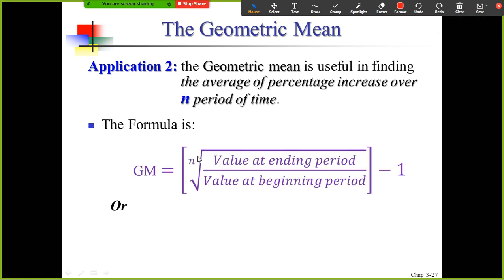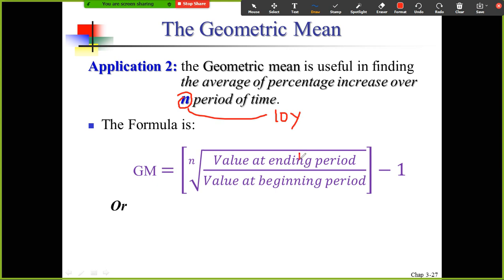The formula is that one. The geometric mean for application 2 comes from the value at the ending. For example, if you have n equal to 10 times, 10 years for example, or 10 months. That's why this is the value at month 10. This is the value at month 0. Okay, month 10 and month 0. So this is the ending period, this is the beginning period.